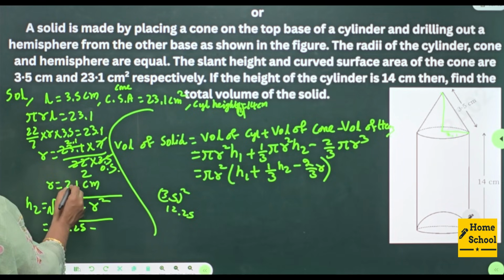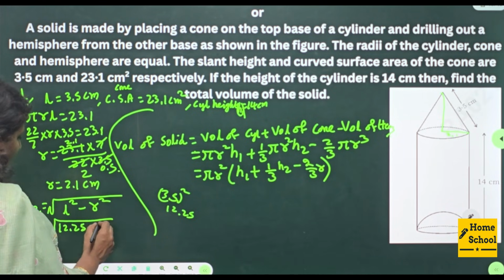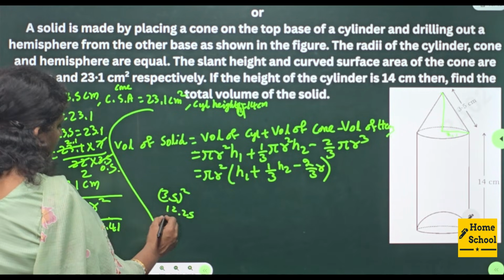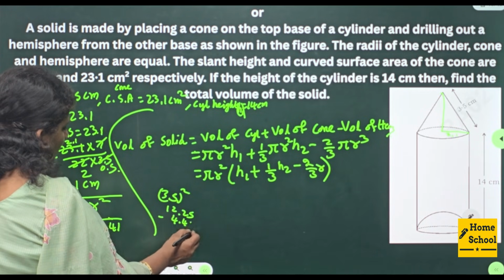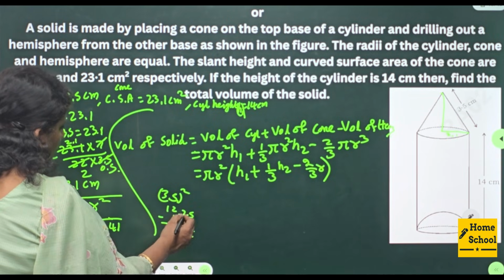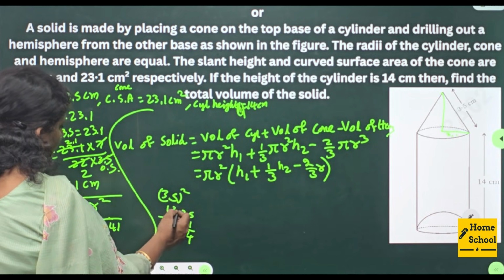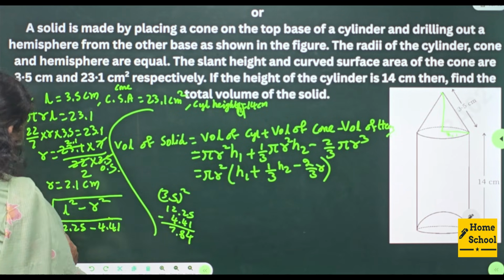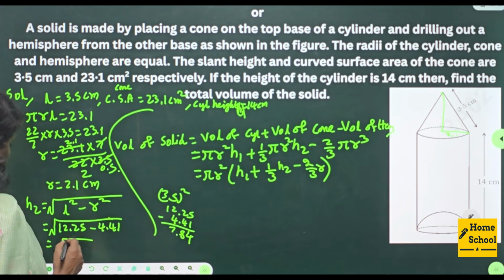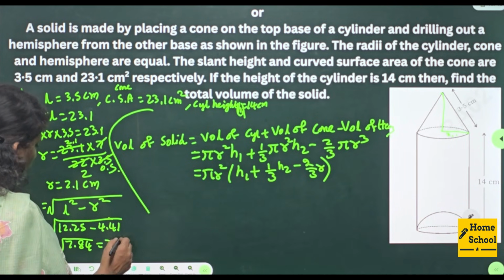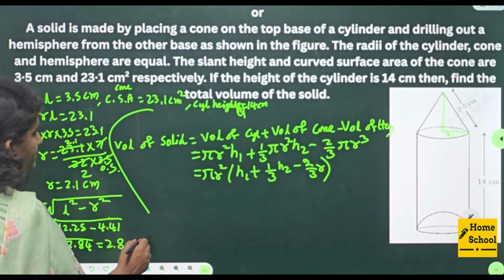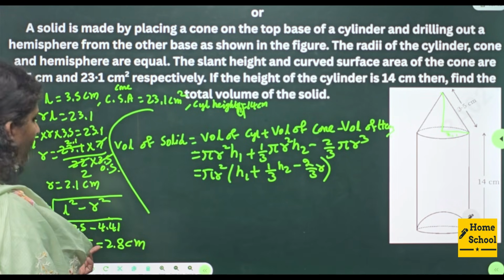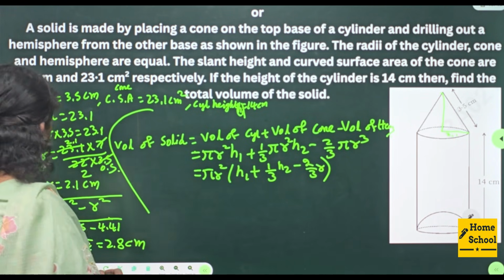Minus R value 2.1 whole square, which is 4.41. Subtracting gives 7.84. The square root of 7.84 is 2.8 centimeters. If you want, you can do the square root and check it.